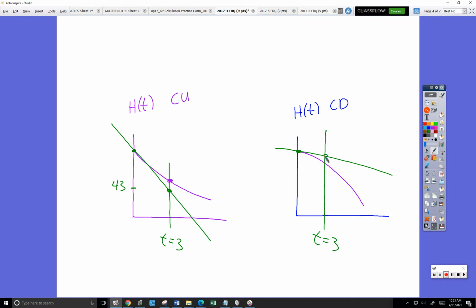Like we would have found this y-coordinate of 43, and the actual temperature of the potato would have been this y-coordinate. So that would have given us an overestimate. So here we would have an overestimate. Here we would have an underestimate.